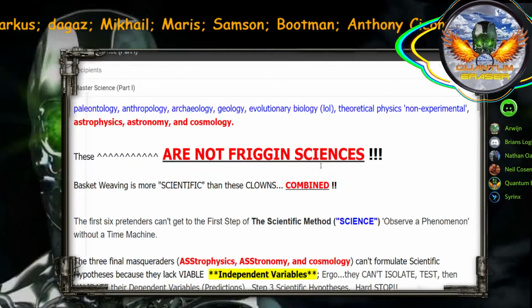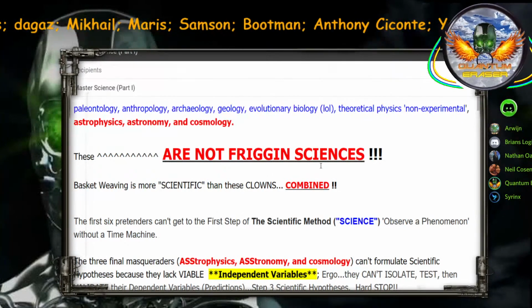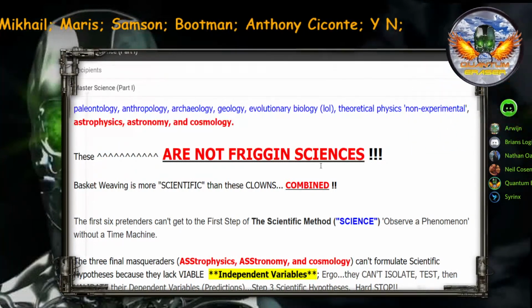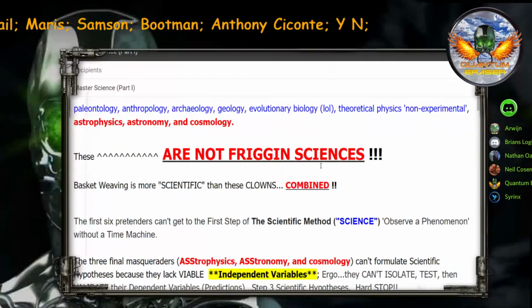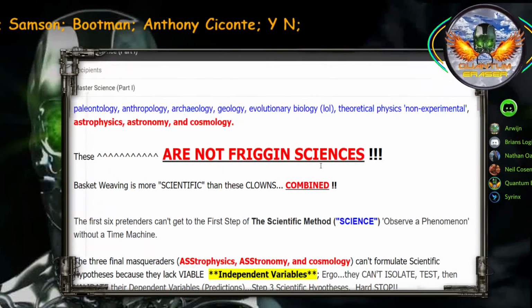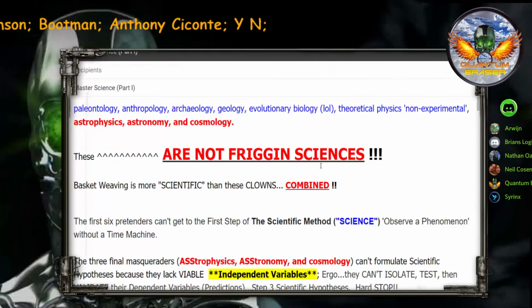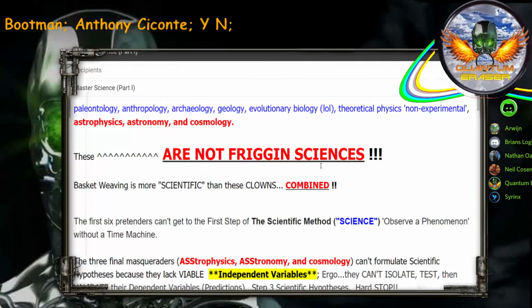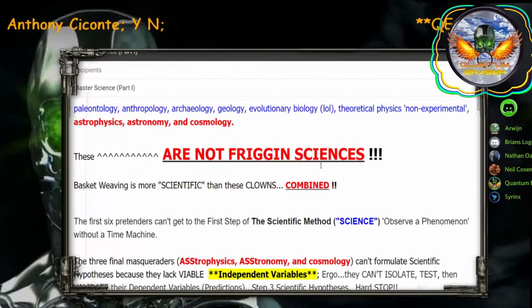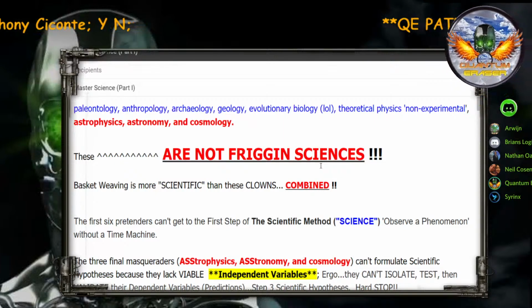Now, not the die-hard cognitive dissonance folks. I'm not talking about them. I'm talking about flat earthers. They got this, and like I said, they were throwing out the actual sciences, but at least they got this part. So these are not sciences. Basket weaving is more scientific than all these clowns combined.